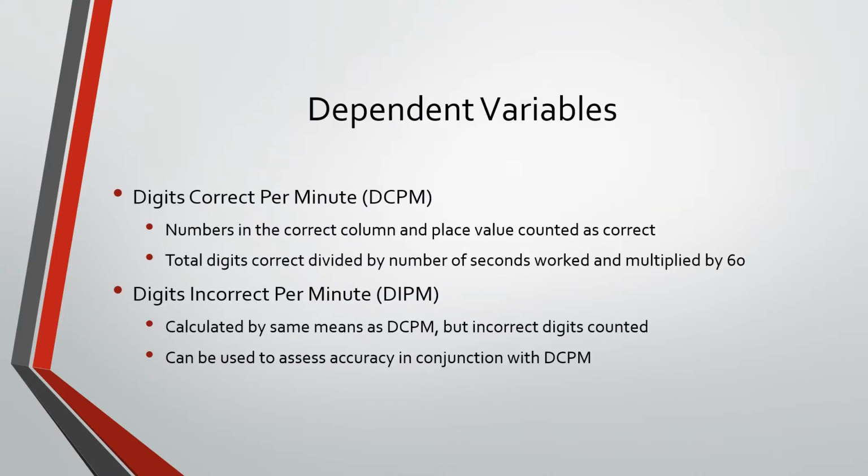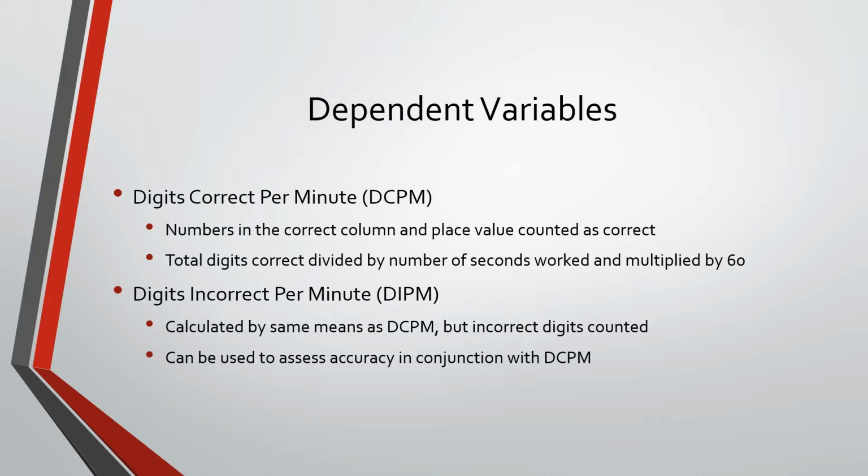So in getting back to mentioning accuracy and fluency dependent variables, what you will typically see used, as I mentioned, is digits correct per minute. And so to calculate this, the numbers in the correct column and place value are counted as correct.